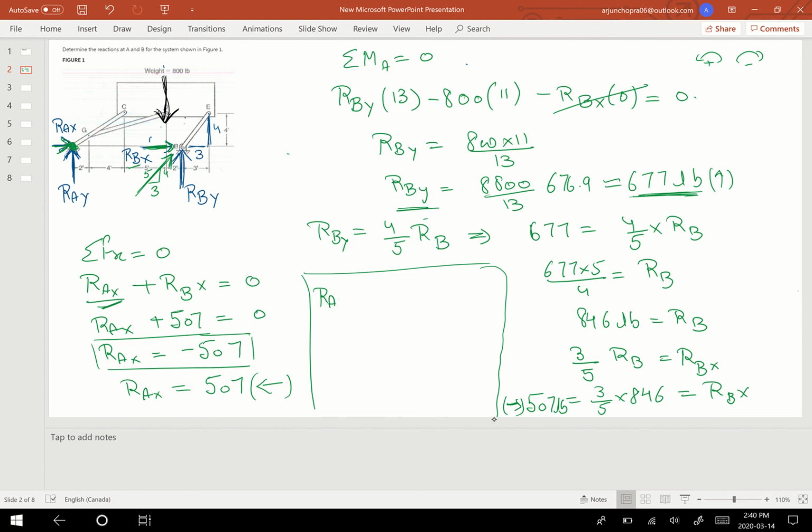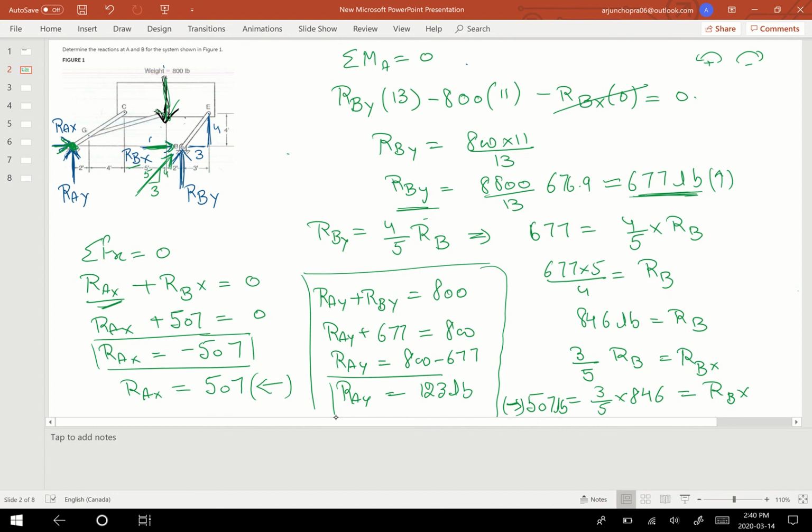So RAY plus RBY equals 800 pounds, which is acting in the downward direction here. RBY is 677. RAY, which I wanted to find, comes out to be 800 minus 677. RAY comes out to be 123 pounds, and this is positive, so this value will be upwards.